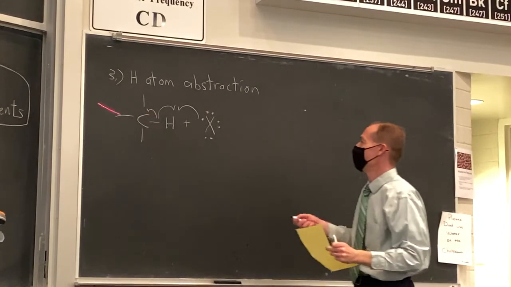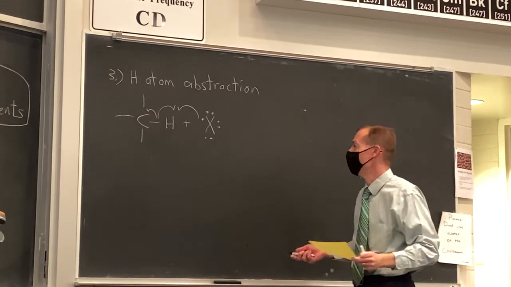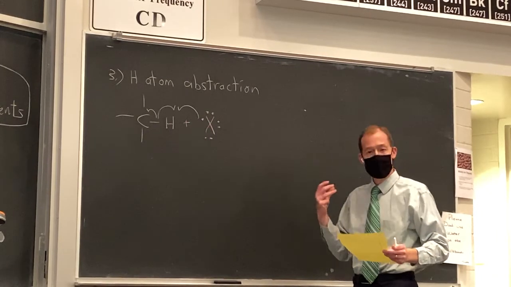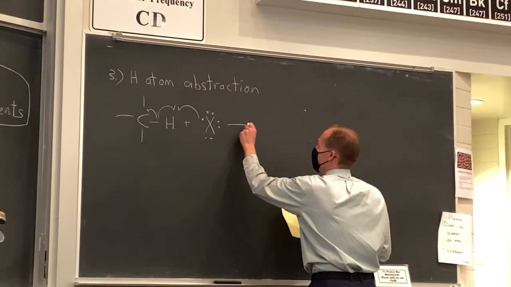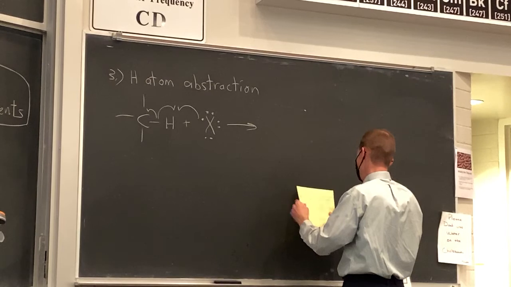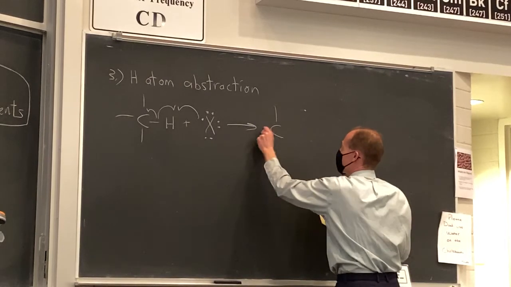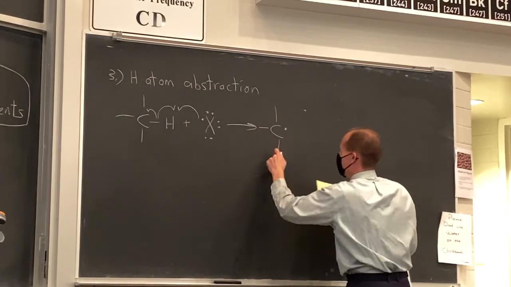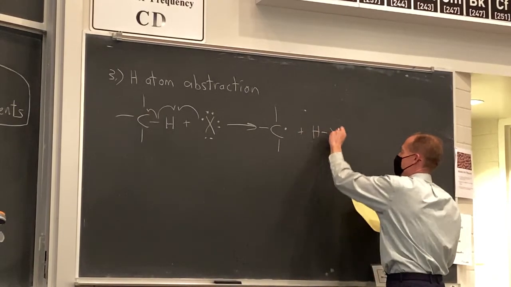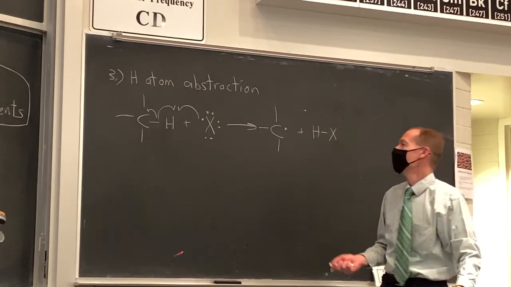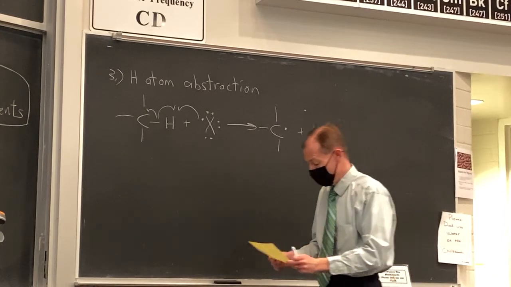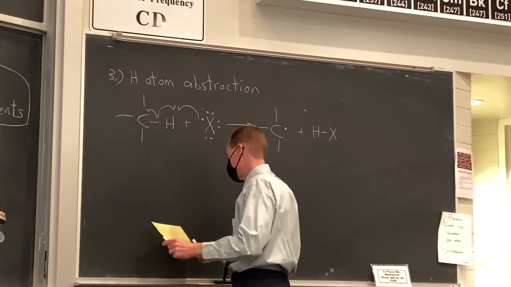This is how we would draw the curved arrows, the single-headed arrows, to show that halogen atom abstracting a hydrogen, breaking a carbon-hydrogen sigma bond. What that's going to do is give us an alkyl radical, a radical on carbon, and then we would form HX in the process. Okay? So this is known as hydrogen atom abstraction, a very common process that radicals undergo.